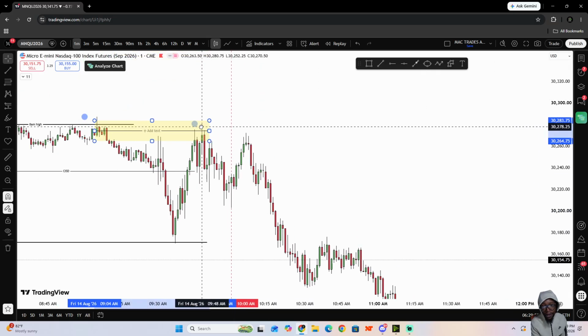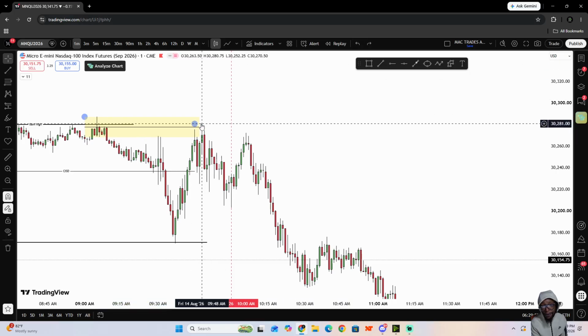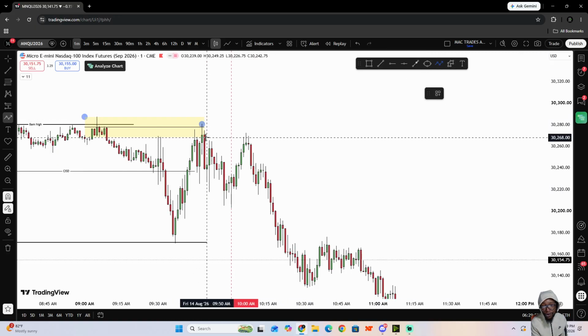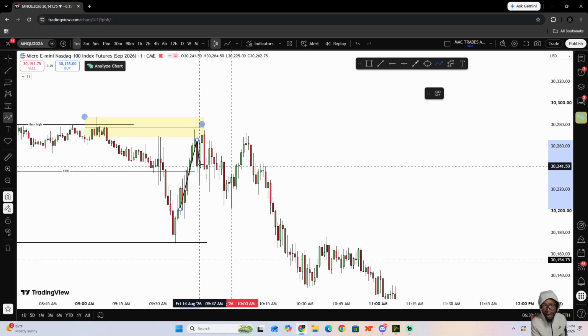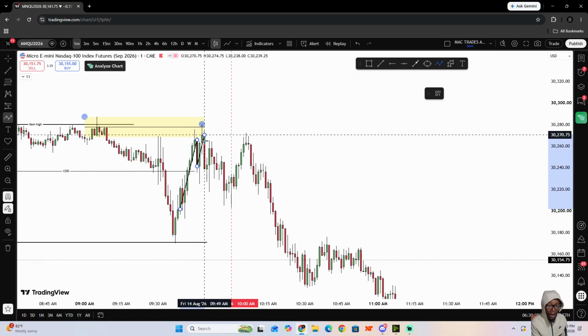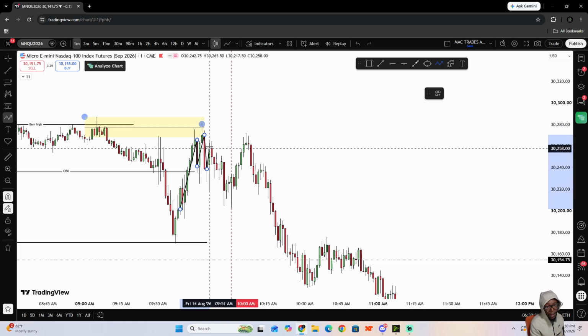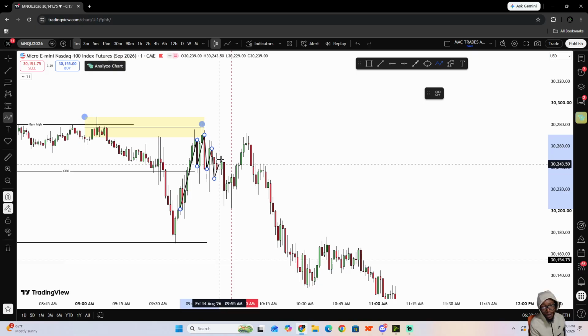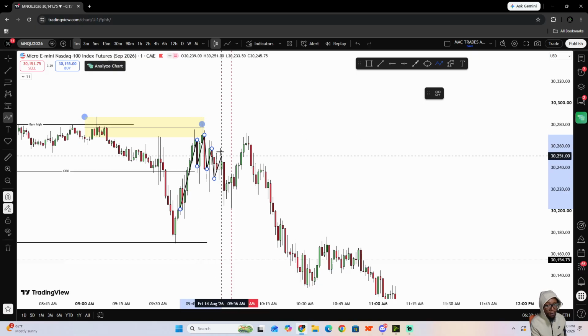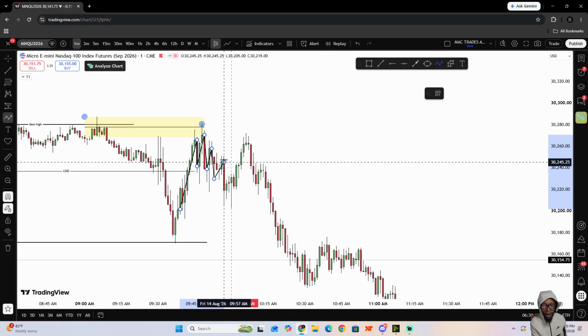And on the 1-minute, I notice the same thing. We created structure. We have structure here: high, low, higher high. Then we broke structure to the downside, right? But since we're on the 1-minute, all of this is minor. We broke structure, so we're making lower highs, lower lows, lower highs, lower lows.